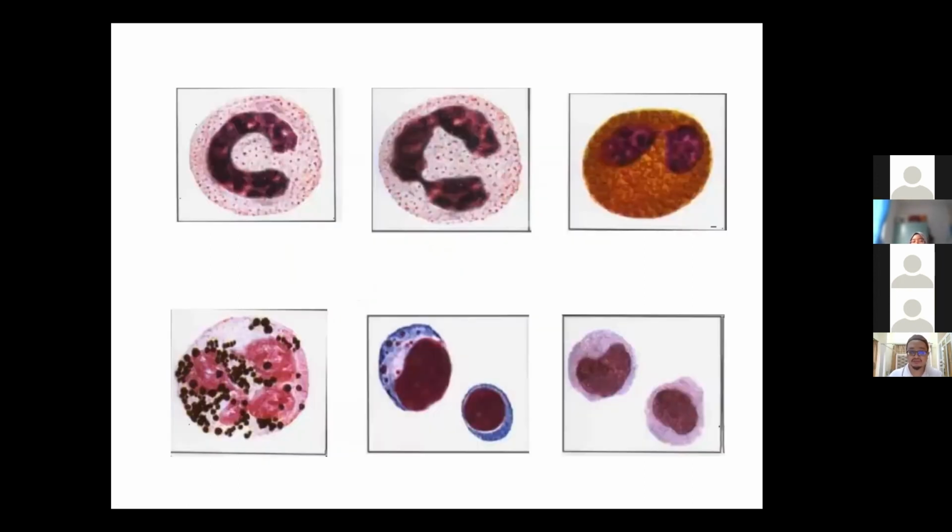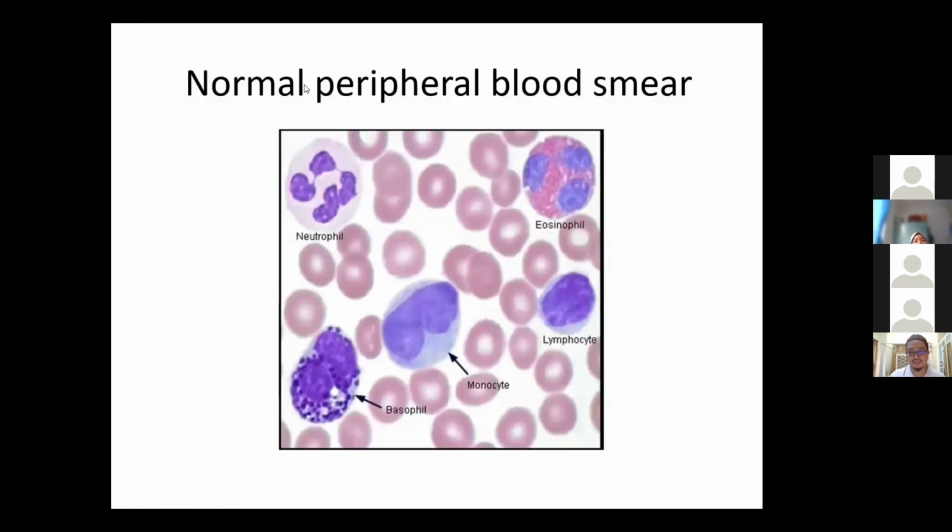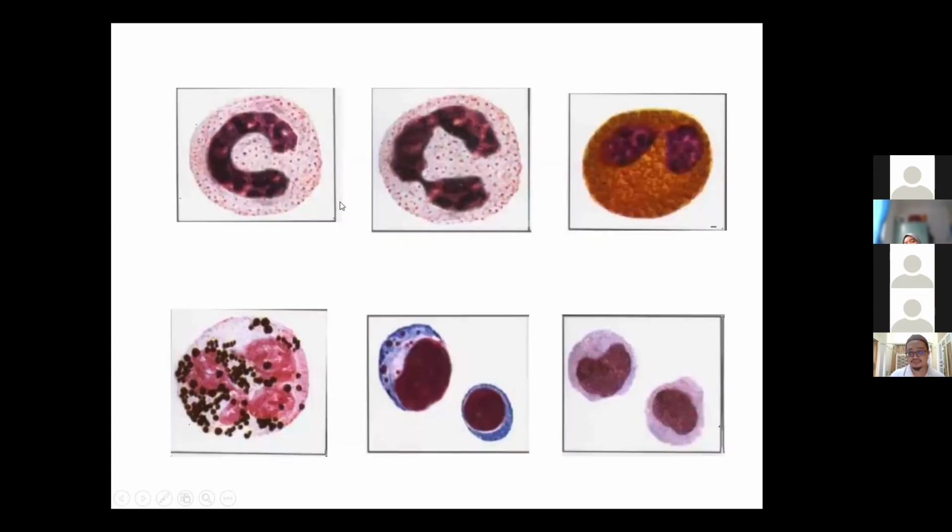Now, these are the presentations of the WBCs that are abnormal. You see the band shape here for neutrophils, one nucleus for the neutrophil. And this one is the nucleus of a neutrophil that has not become properly segmented. It should become like this, like this. This one has 1, 2, and this one has 1, 2, 3, 4. This one did not have time yet.